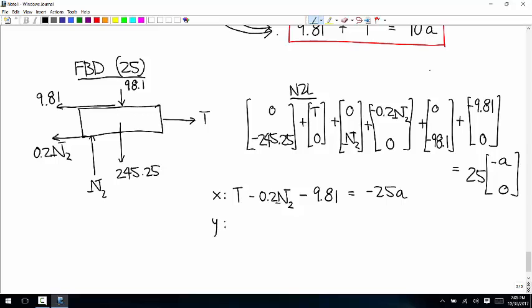And the y equation says negative 245.25 plus N2 minus 98.1 is equal to 0. So just like always, we can use the y equation to calculate N2. So that's 343.35.